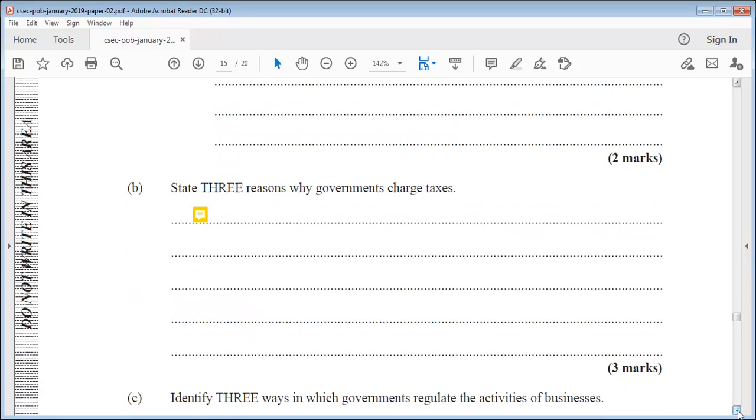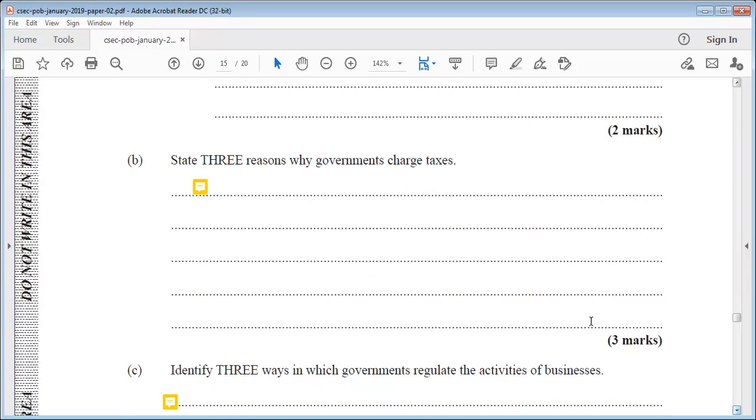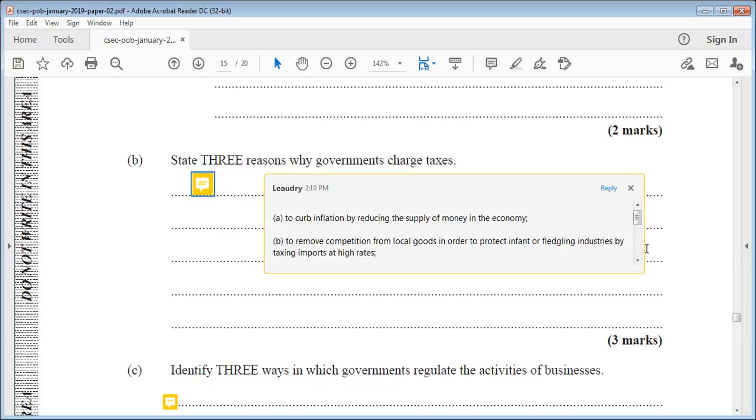Let's go to the B part. It says, state 3 reasons why government charge taxes. Well, 3 reasons. One, to curb inflation by reducing the supply of money in the economy.